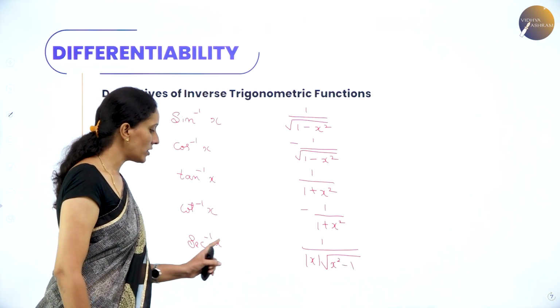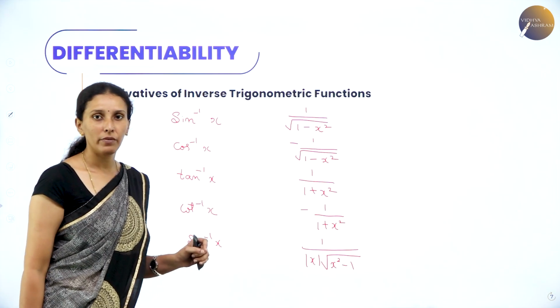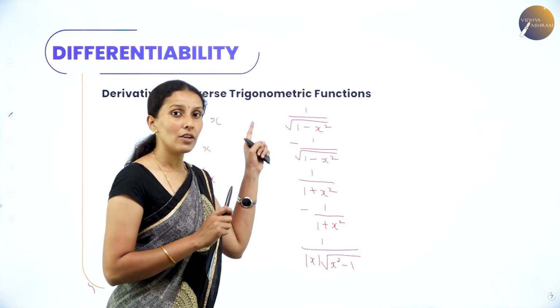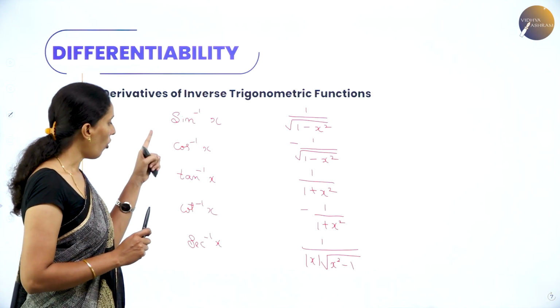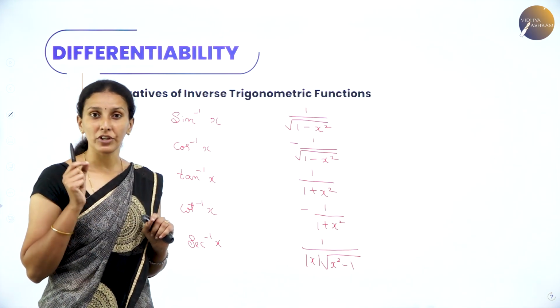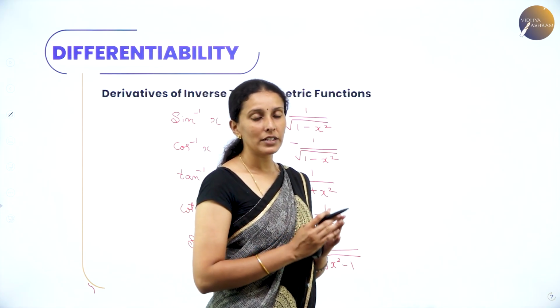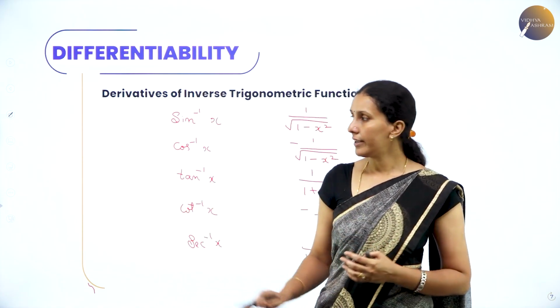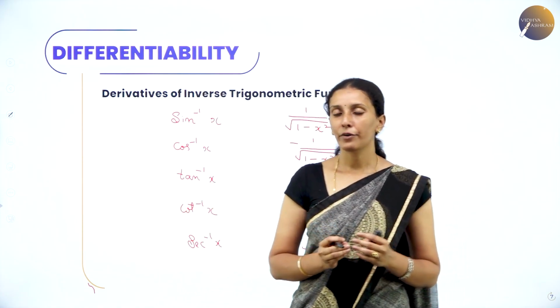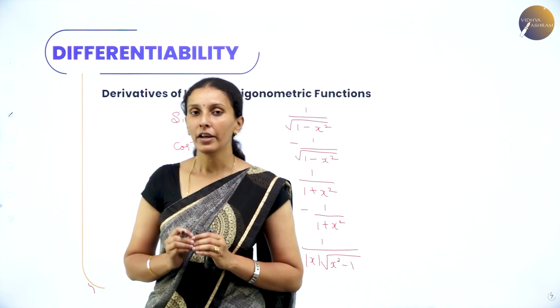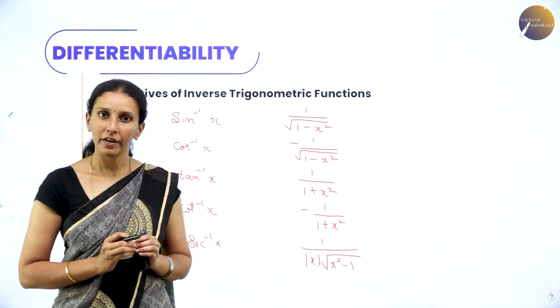And similarly, for cosecant, just change the sign, minus 1 in the numerator. So these are all the standard derivatives of all 6 inverse trigonometric functions. So if a function is given in the form of an inverse trigonometric function, solve it and apply these results. Then you can find the derivatives of the given equation or any given functions.